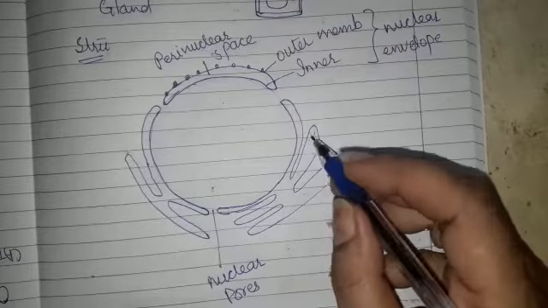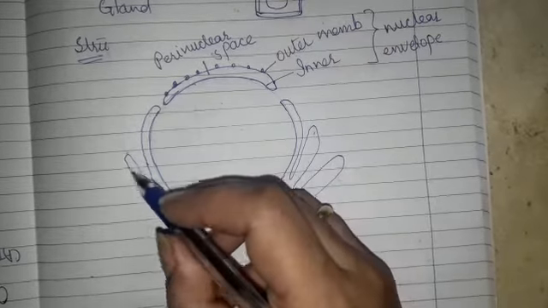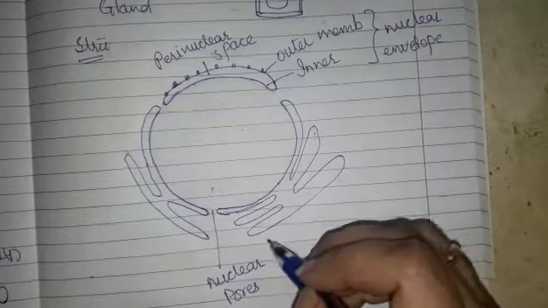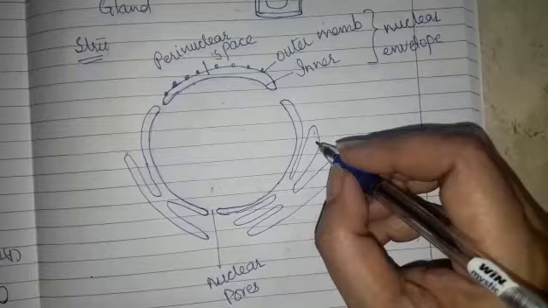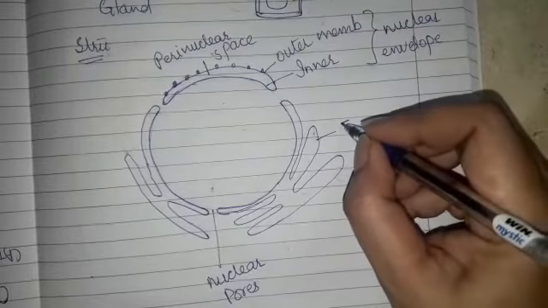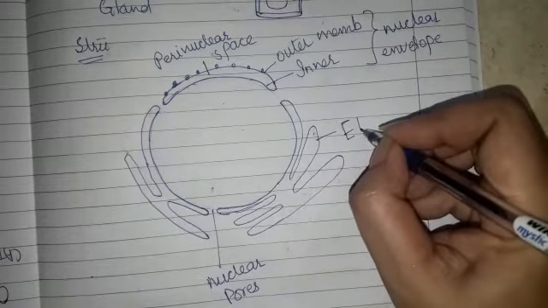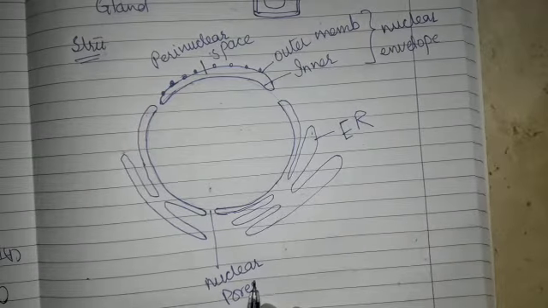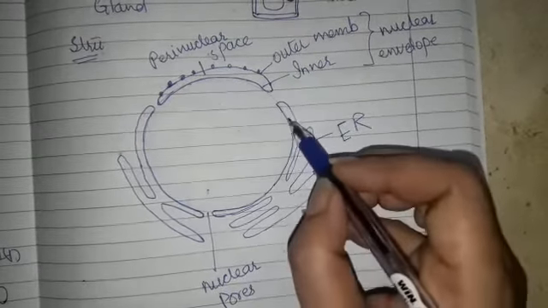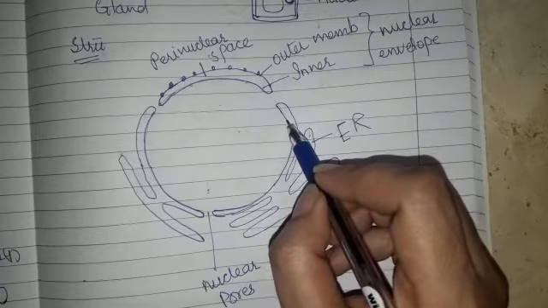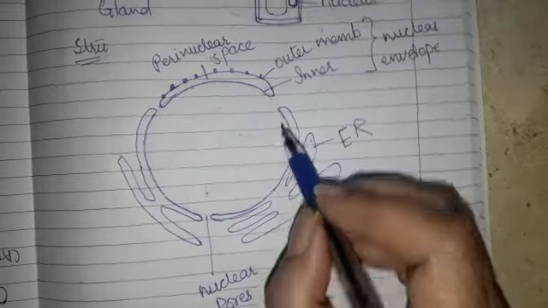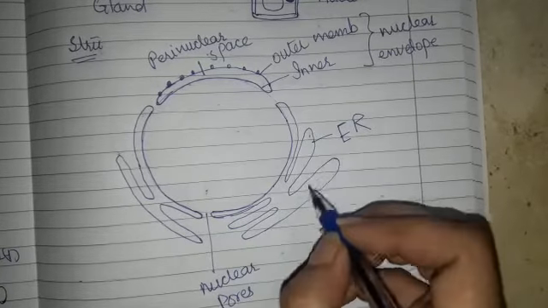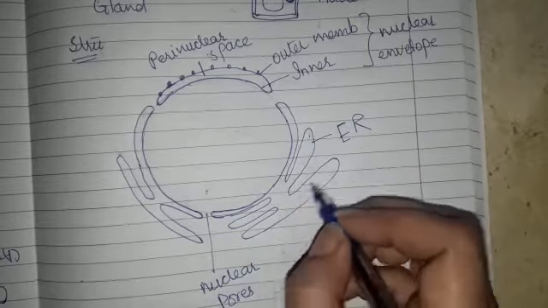The outer membrane has several extensions. It may extend into the cytoplasm, and these extensions may give rise to endoplasmic reticulum. The inner membrane is smooth and free of ribosomes, but it is a thick layer, and the outer membrane is a thin layer.